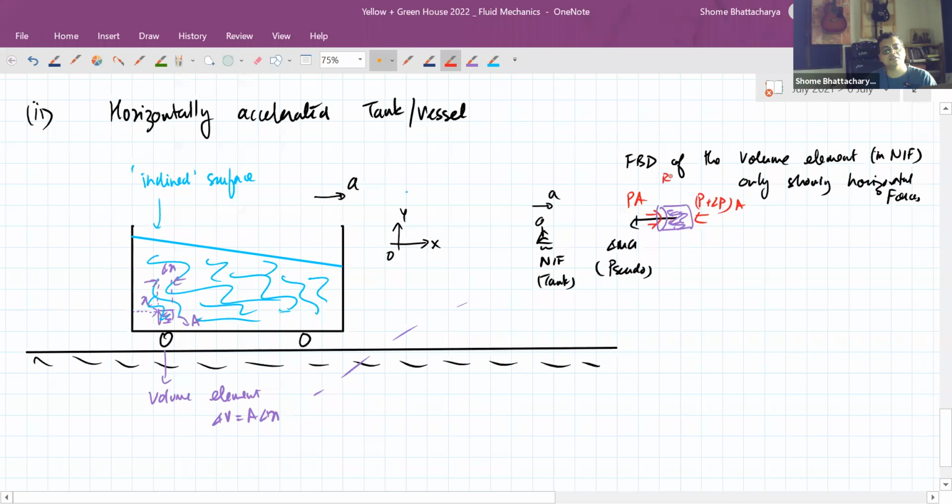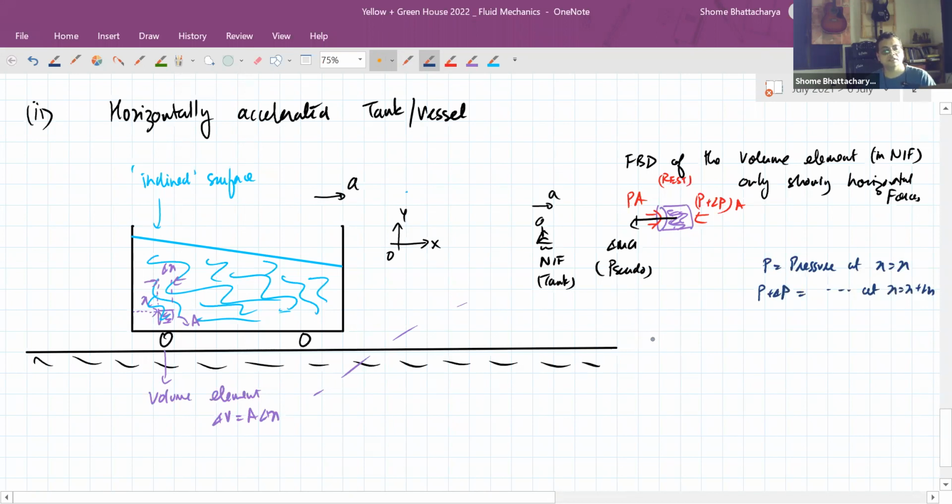And this is at rest in this frame. So we can see P is the pressure at x equal to x. P plus delta P is the pressure at x equal to x plus delta x.